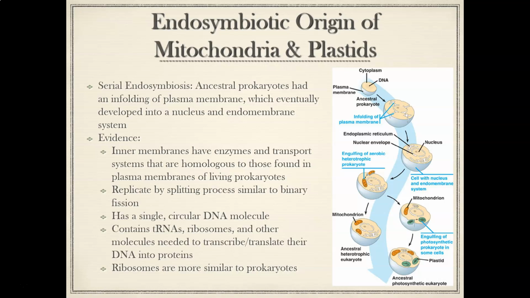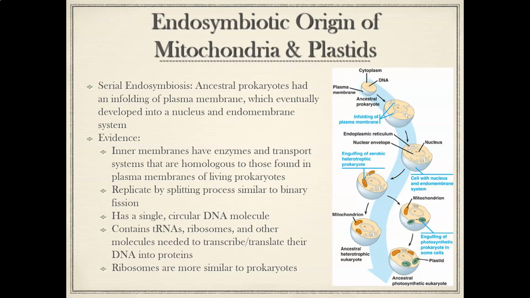And more than likely, this is what we assume would be serial endosymbiosis, meaning that this would have happened multiple times over and over and over again. And not only that, it would have created other folds and other structures within the cell as well. So the infolding of membranes to eventually develop the nucleus, to develop Golgi bodies, to develop your rough and smooth ER, so on and so forth.